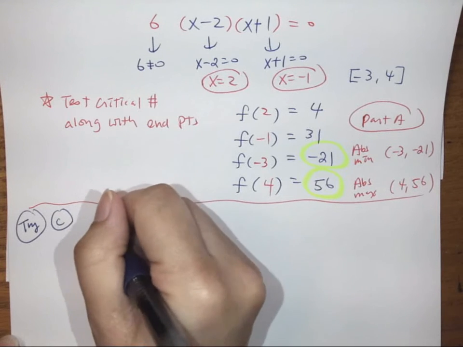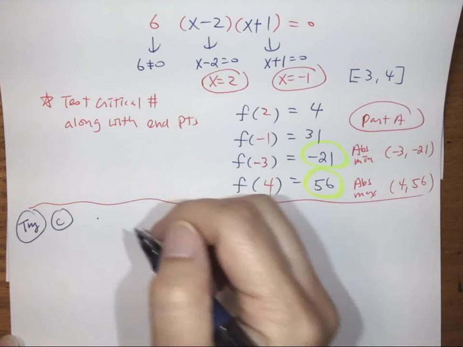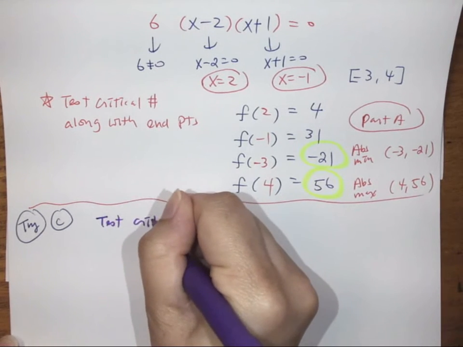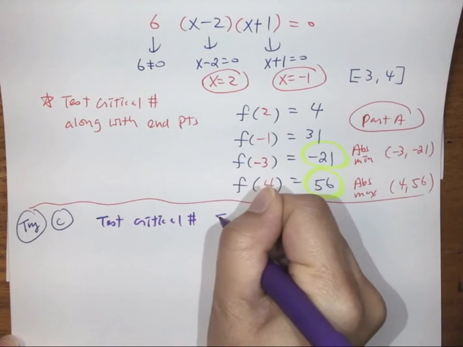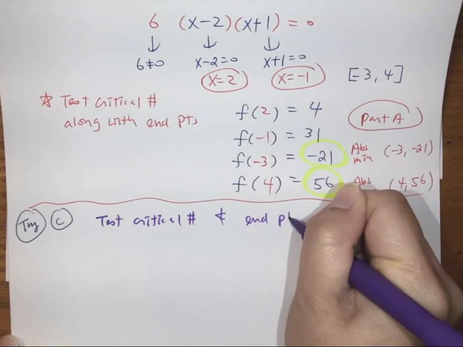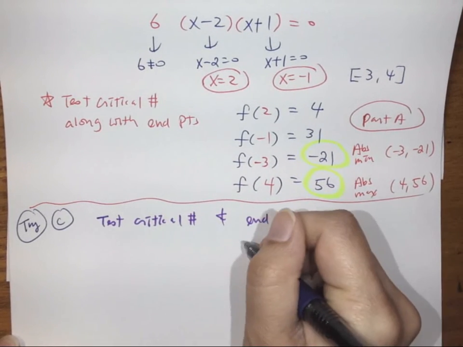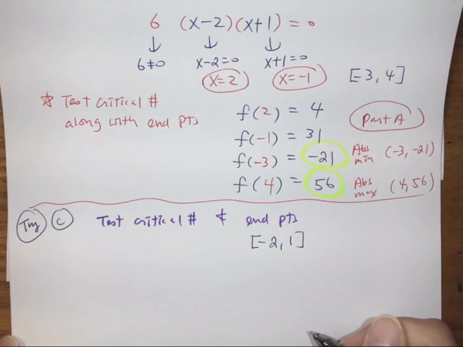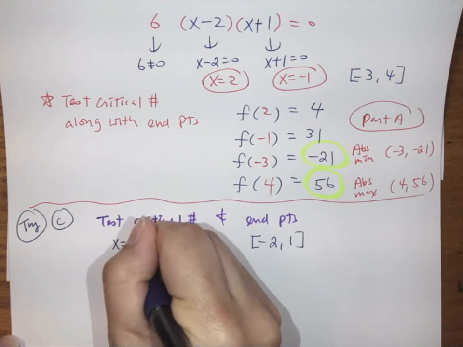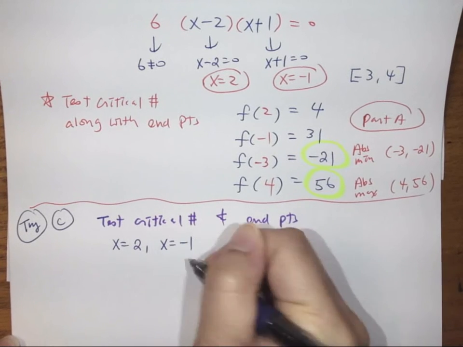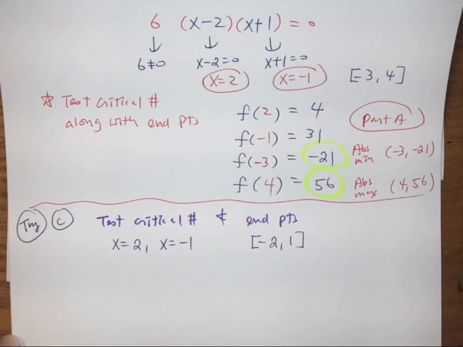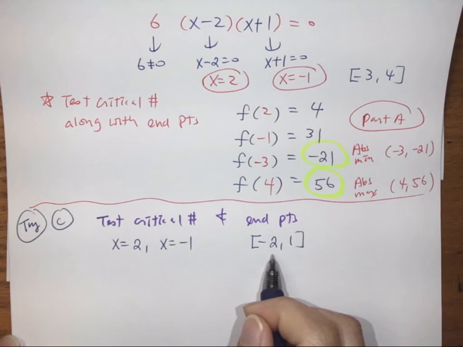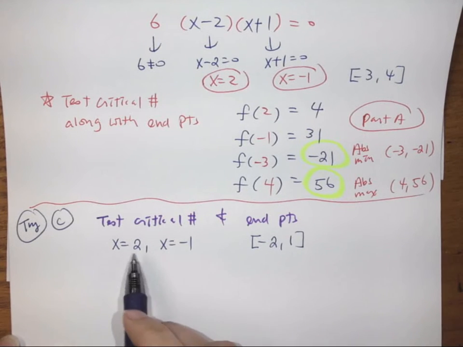So this time again, I need my critical numbers and endpoints. My endpoints for C are -2 and 1, and my critical numbers were x equals 2 and x equals -1. So x equals -1 is in the interval, but x equals 2 is outside.